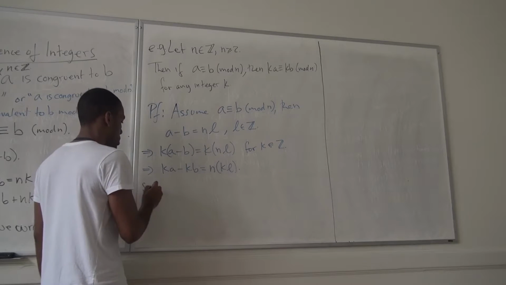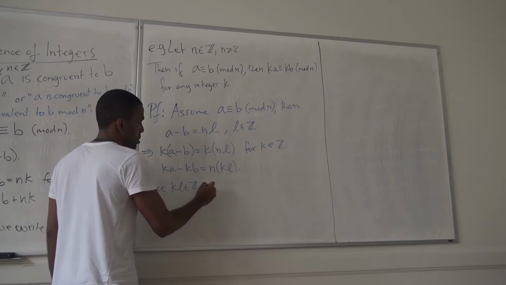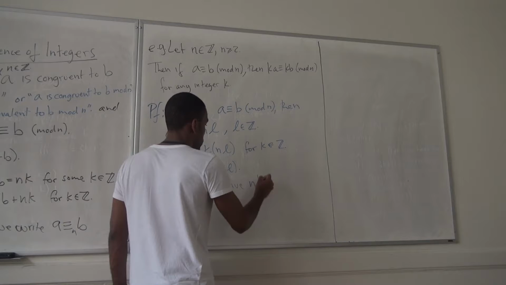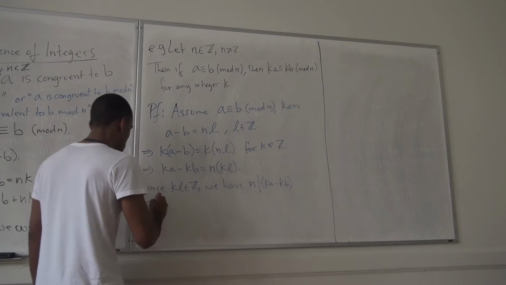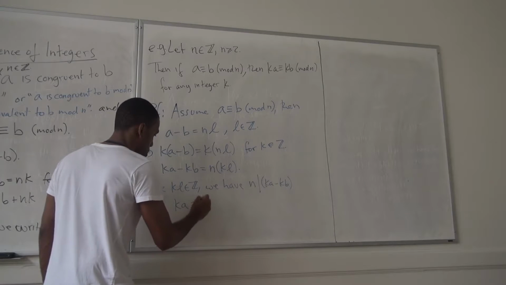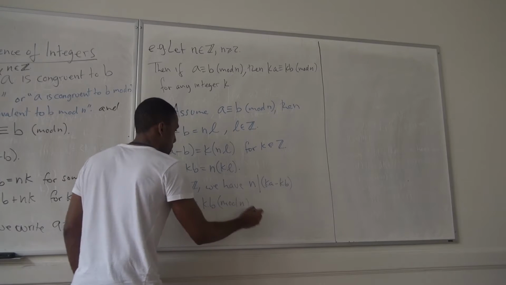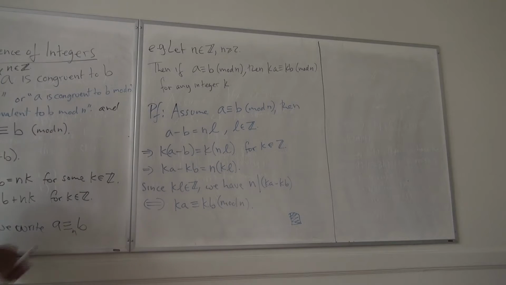And since kl is an integer, we have that n divides kA minus kB, which means that kA is equivalent to kB mod n. Right?